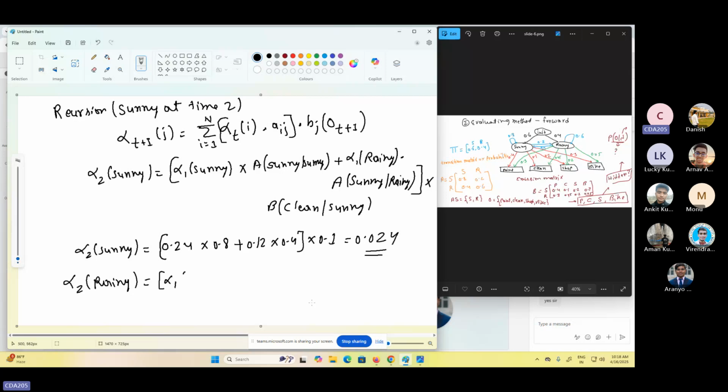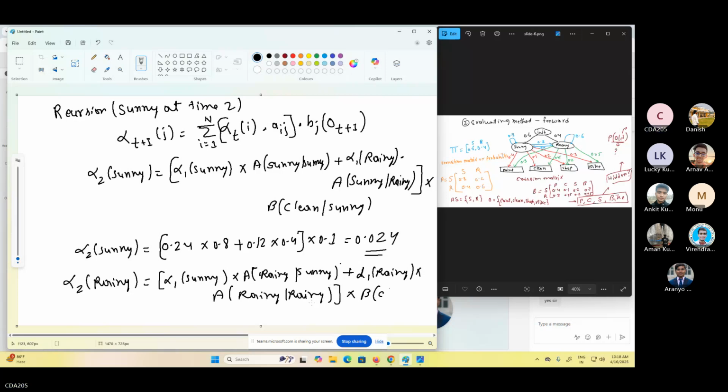It is alpha 1 sunny into A sunny to rainy, plus alpha 1 rainy into A rainy to rainy, into the emission of clean given rainy.